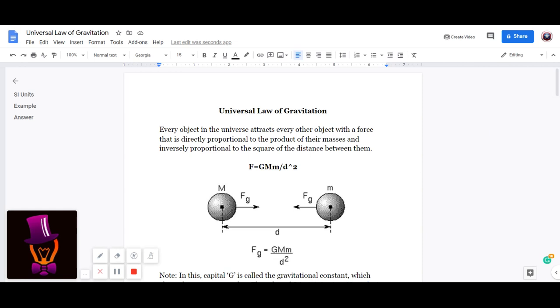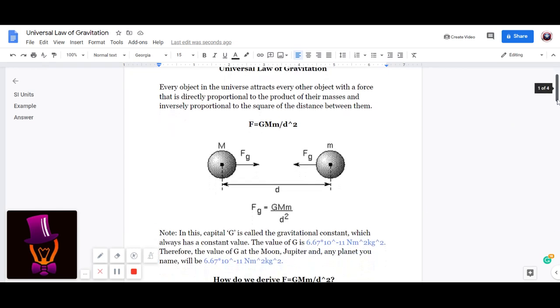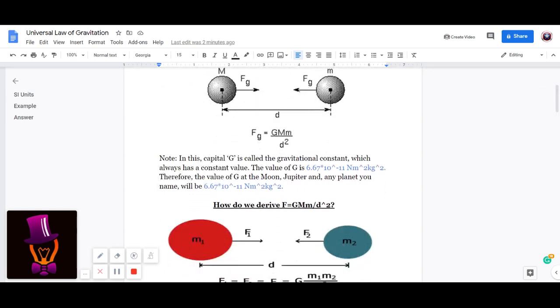Over here, F is the force, capital G is the gravitational constant, capital M is the mass of the bigger object, small m is the mass of the smaller object, d square is the square of the distance between the two objects. Note, in this capital G is called the gravitational constant, which always has a constant value.